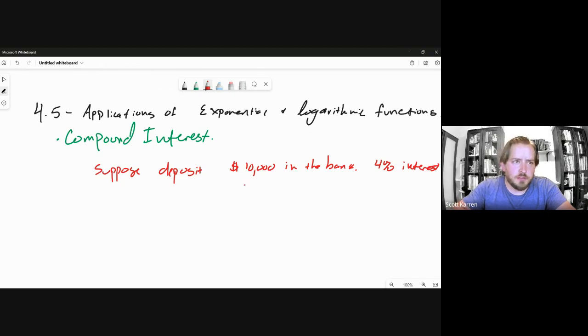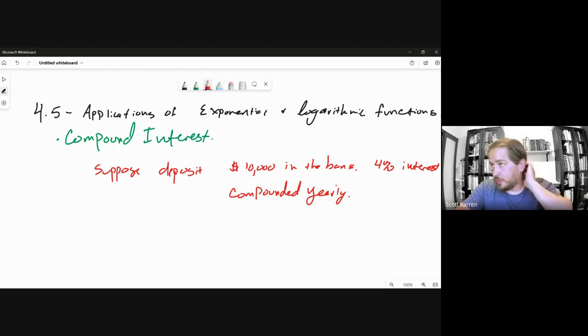And that's compounded yearly. What that means is if you put that $10,000 in there and leave it for 1 year, at the end of the year, they're going to come in and say, good job, we love you, we're going to give you 4% of the amount that you have in your account and put it into your account, and that now becomes yours.